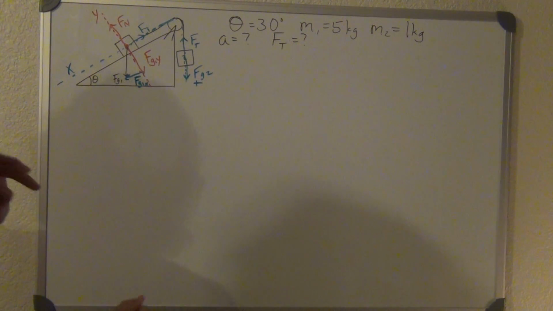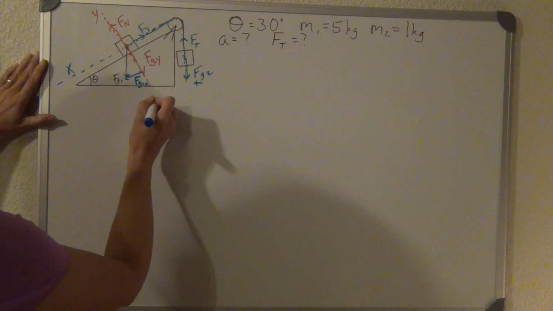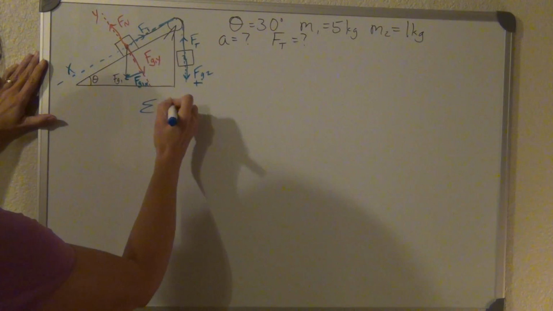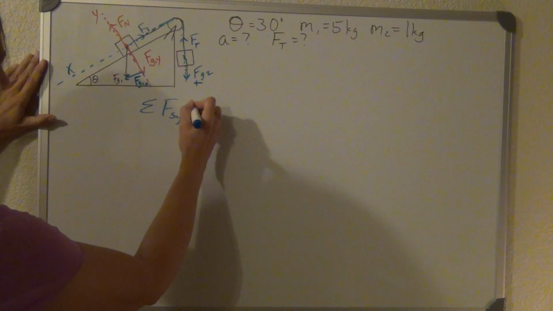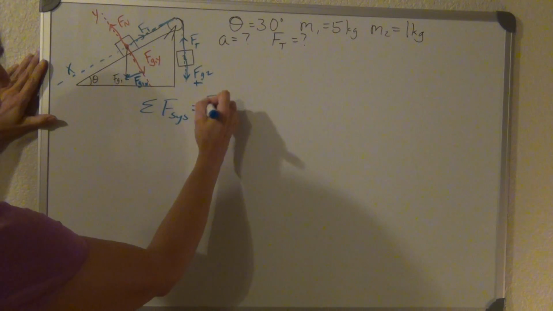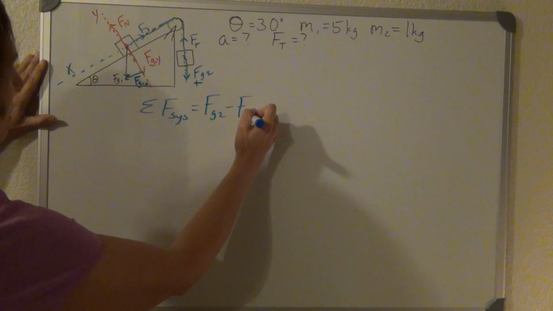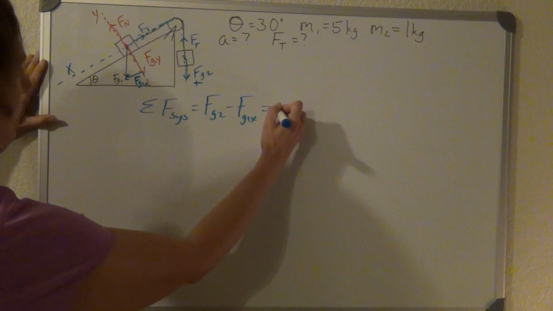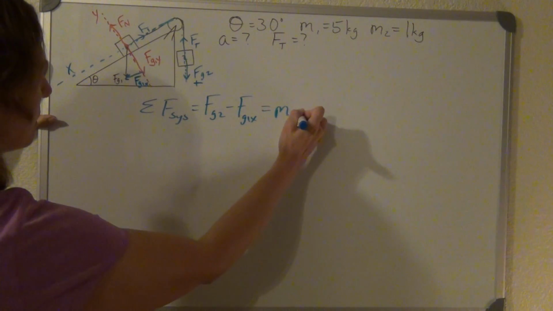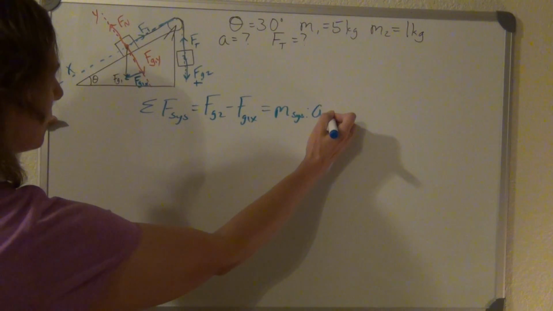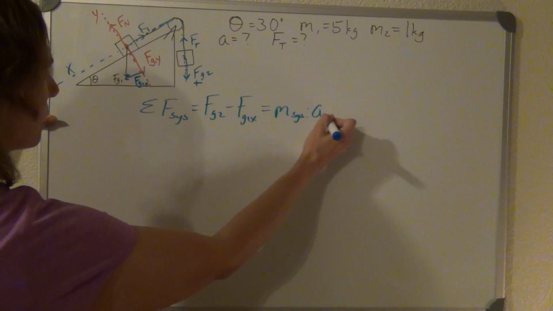Okay, so I'm going to choose to go with the sum of forces on the system, and that would be our FG2 minus FG1X equals mass of the system times acceleration in the x direction.